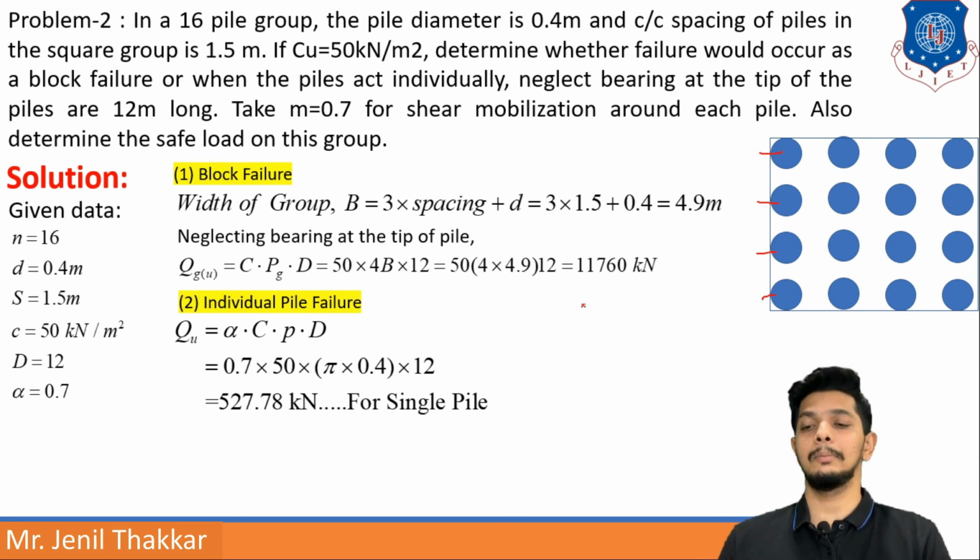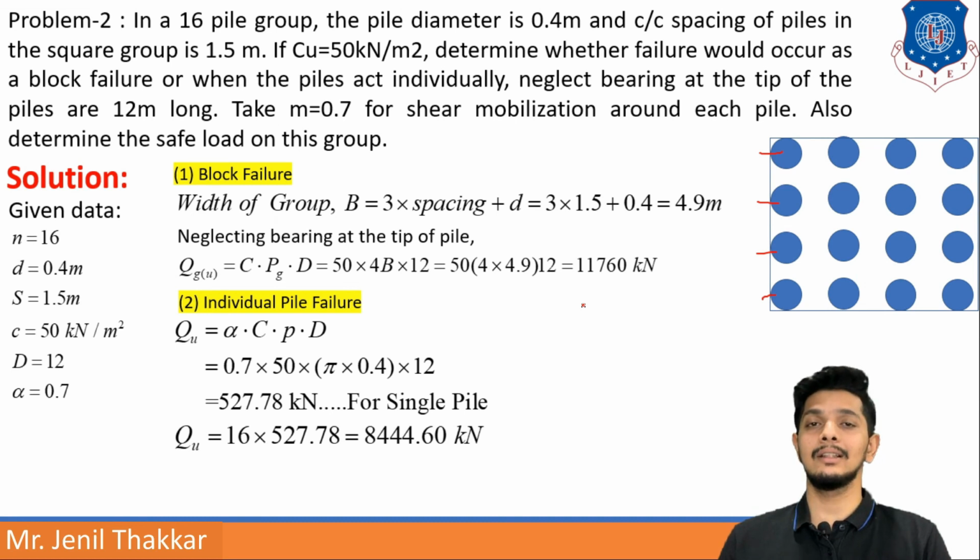Now there are 16 piles, so multiplying it with 16 for total 16 pile capacity. 16 pile capacity comes out as 8444.60 kilonewton, which is much lesser than the group capacity. So we have to take the smaller value of both of them, as we have just discussed. So the smaller value is 8000 something.